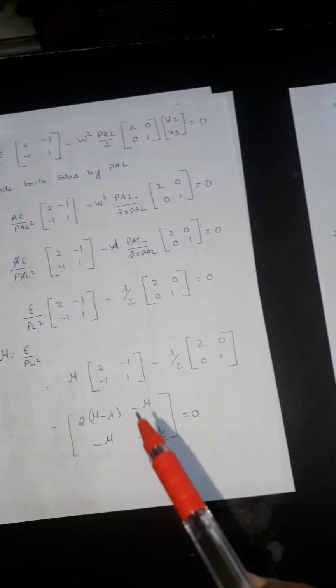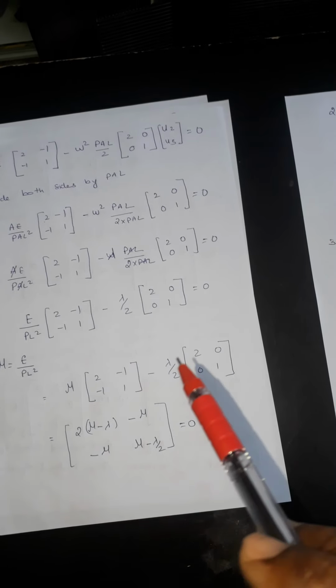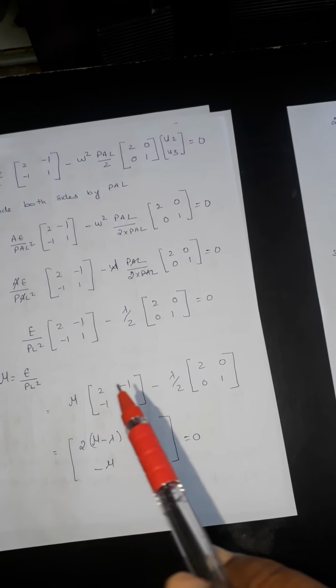So now what you have to do is subtract: 2 mu minus lambda by 2 into 2. That way, lambda by 2 into 2 gets cancelled, minus lambda, so 2 mu minus 2 lambda by 2, the 2 will cancel. That is why you are getting this formula.